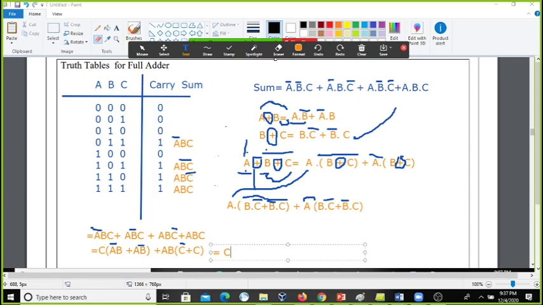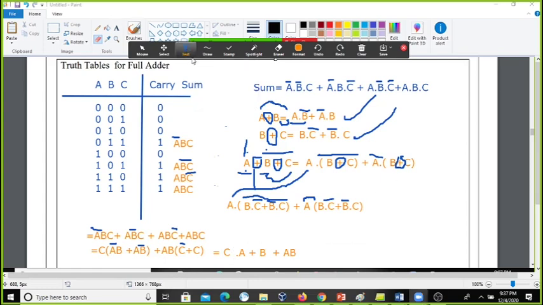We know A bar B equal to A exclusive B. Therefore you can write this is equal to C into A exclusive B plus AB.